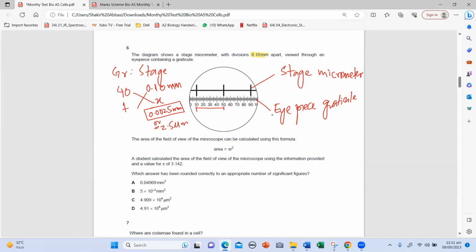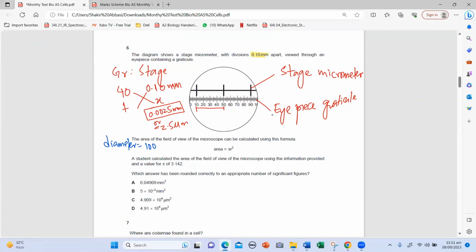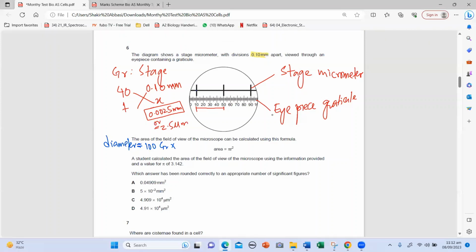Now this circle has the area pi r square, and radius is half of the diameter. And the question is what is diameter? So the diameter is 100 graticule. You can see 0 to 100 graticule. But we know that 1 graticule is how much? 2.5 micrometer. So we should multiply this with 2.5.